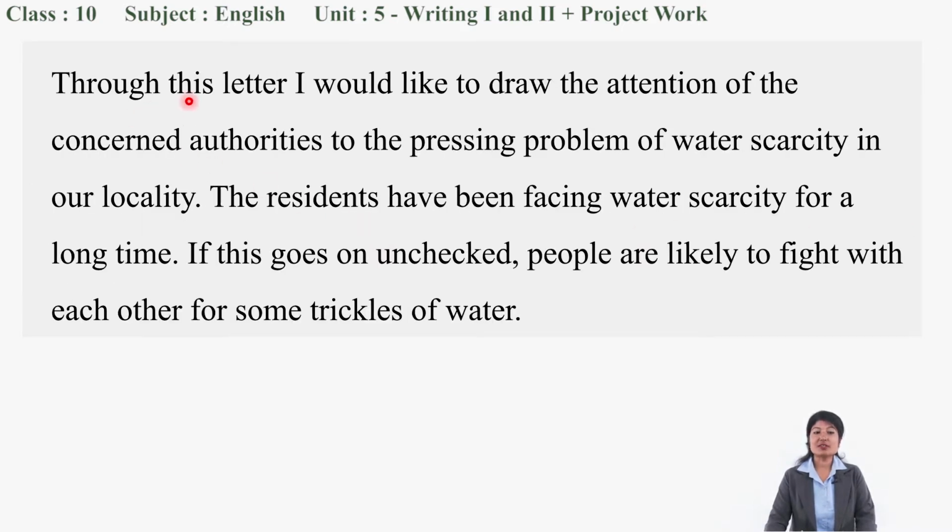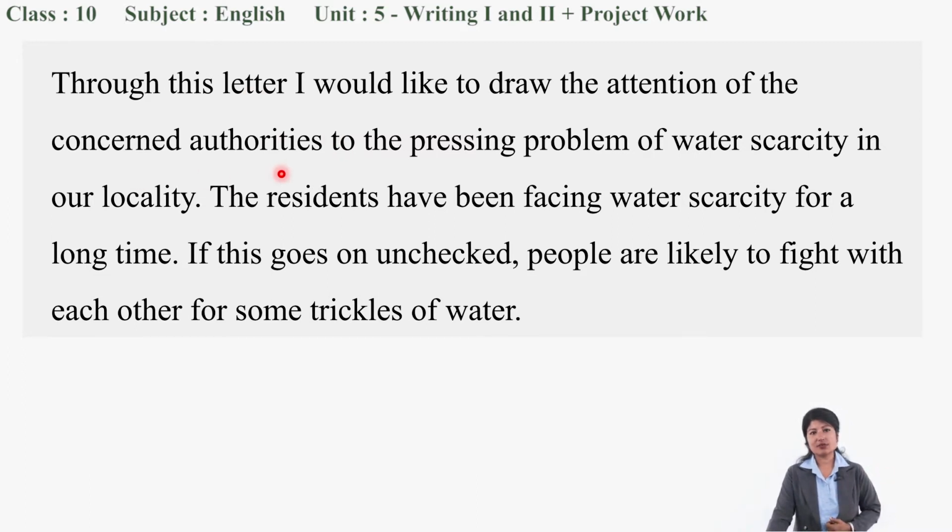Here it goes, the first paragraph. Through this letter, I would like to draw the attention of the concerned authorities. This is the beginning line. Whenever you write letter to editor, your first line is about your main objective, to draw the attention of whose?